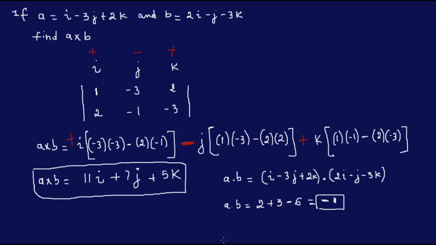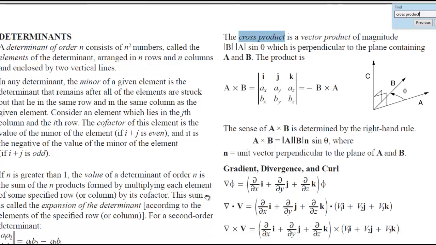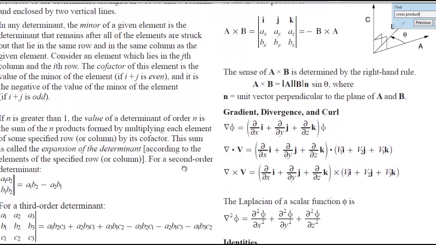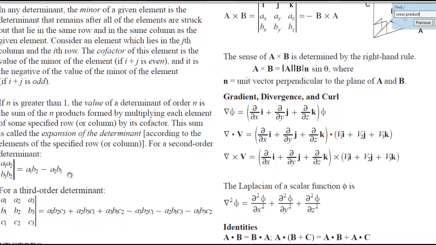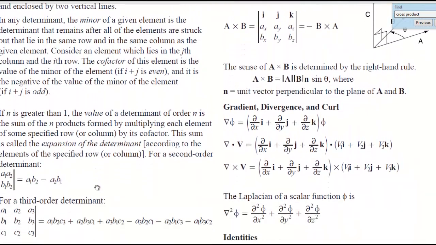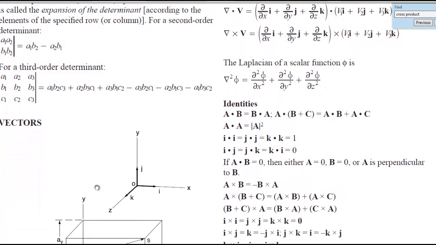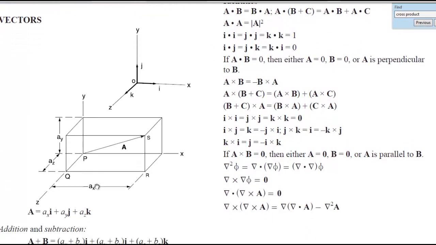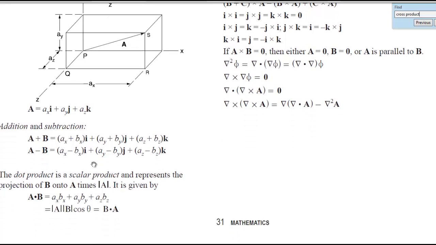Let me see in the reference, because for math I don't typically use the reference. Cross product, let me see dot product. There you go, see ax times bx, so you multiply your x's, your i's, you multiply your j's.